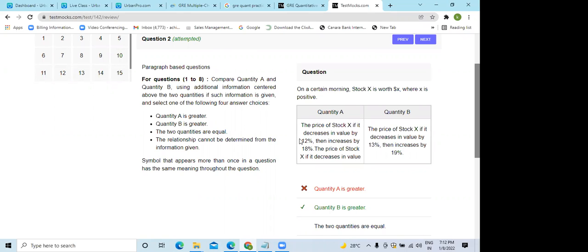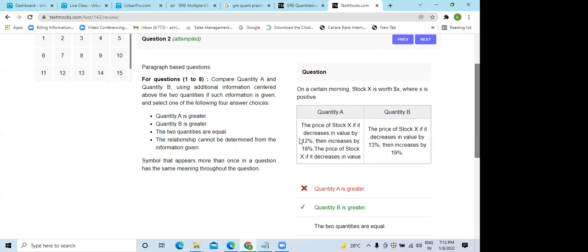Got it? Agreed. Now the price of stock X, if it decreases in value by 12% and then increases by 18%, so overall it is 108. In spite of this decrease, it is increased.